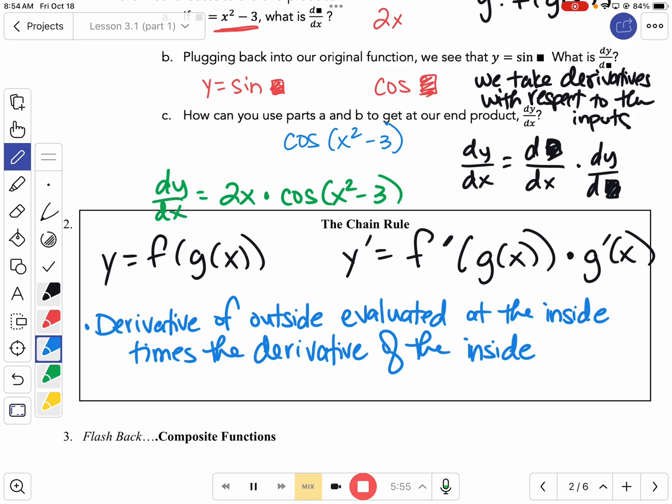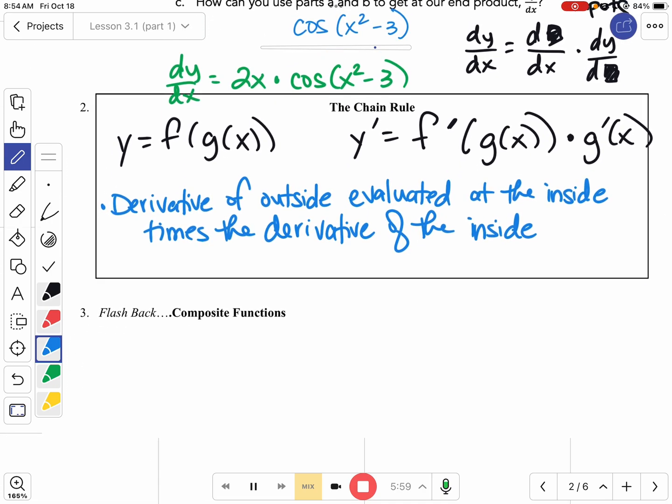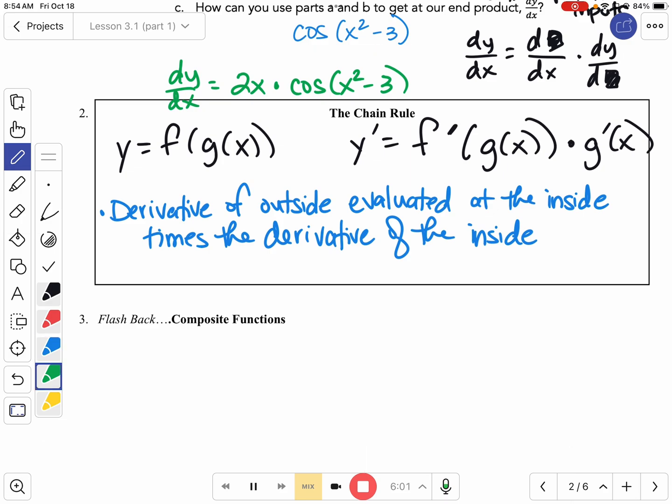This is why, so that you could recognize it to know what to do. Remember your composite functions, f of g of x. How do we recognize them? So let's take a look at some and see if we can figure them out.